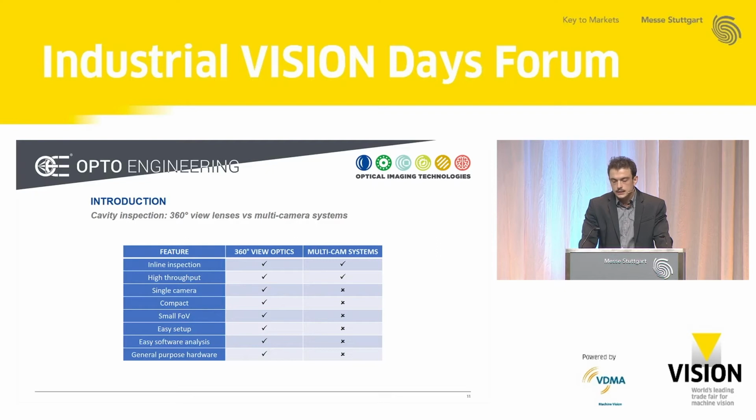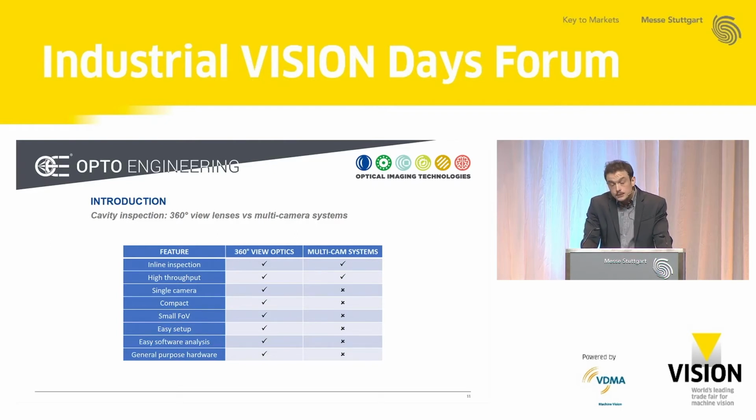That means that the system is way more compact. It's suitable also for small fields of view, something which is not so simple with multi-camera systems. The setup of the system is way easier with, of course, a single camera. And also the post-processing, so the software analysis and the image processing subsequent to the acquisition, is way easier if you have to deal with just one image instead of multiple images.